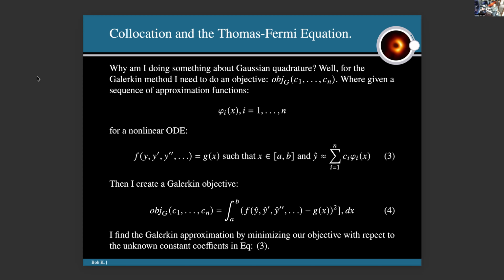You choose a finite subspace of the infinite dimensional Hilbert space that is the basis of Fourier series, and then you take the approximation function with unknown constants, c sub 1 through c sub n, stick them into that differential equation, and integrate it over the region AB that it's defined over.